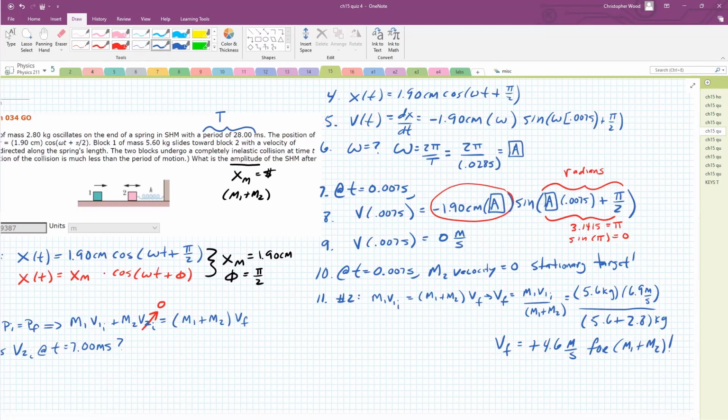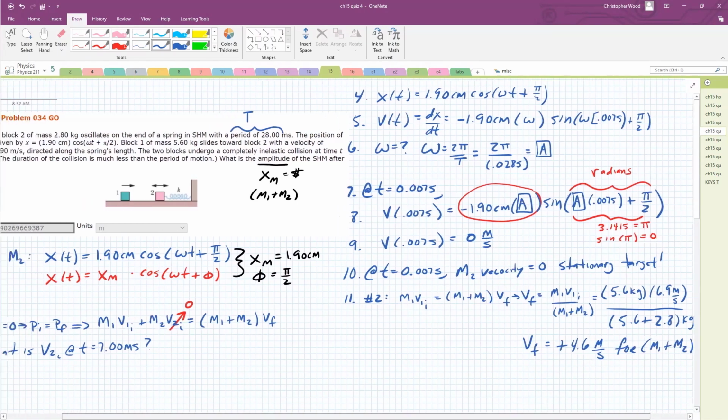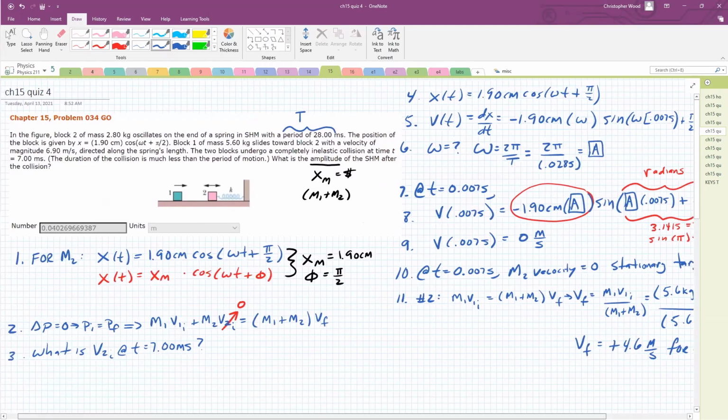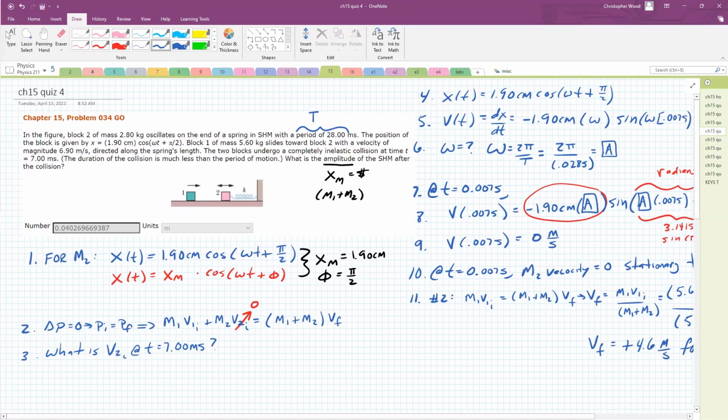We've got to think about this. What is the amplitude of the simple harmonic motion after the collision? All right, so this is interesting, because mass 2 is not at equilibrium. So let's see, thought process. We need to think carefully about this. So this is number 12.